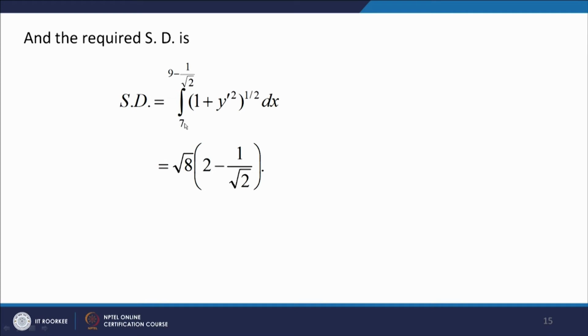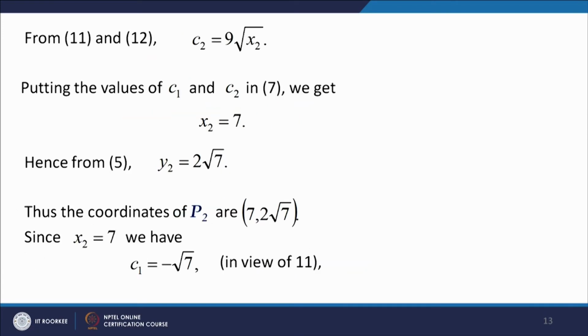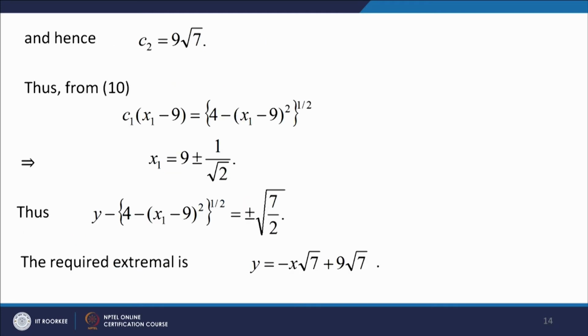So here x2, y2 was equal to (7, 2√7), and here we have x1 equal to 9 plus minus 1/√2, and we have y1 equal to plus minus √7/2.